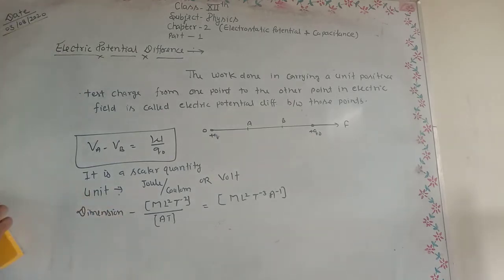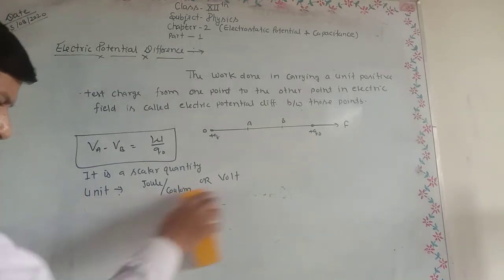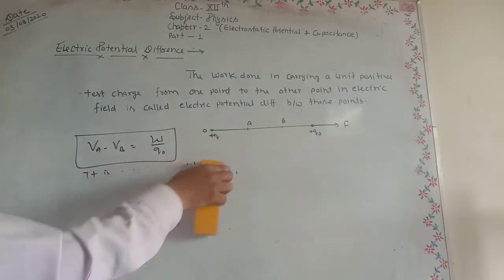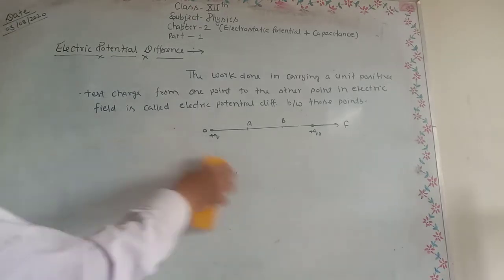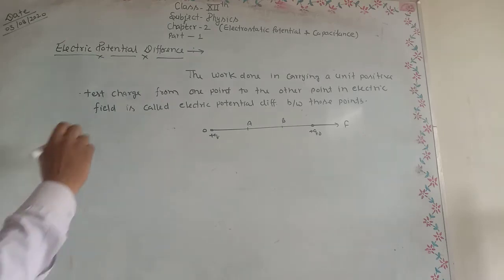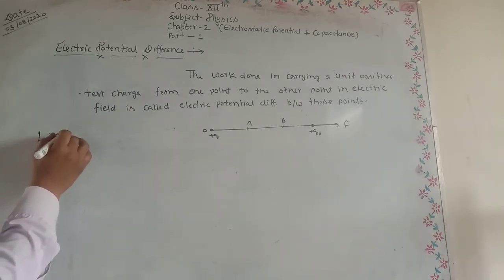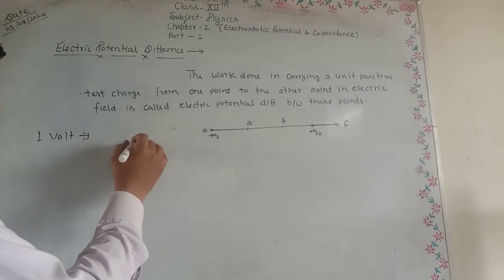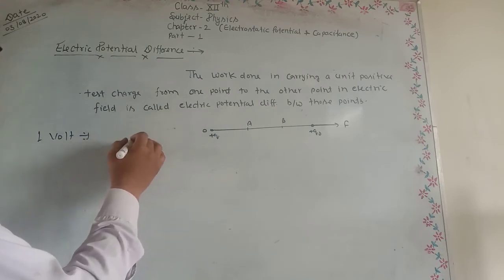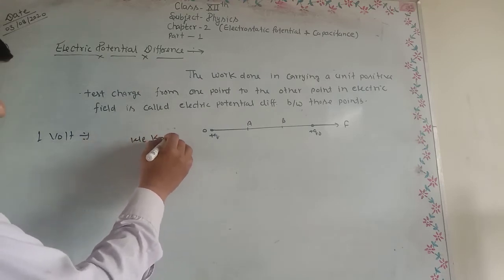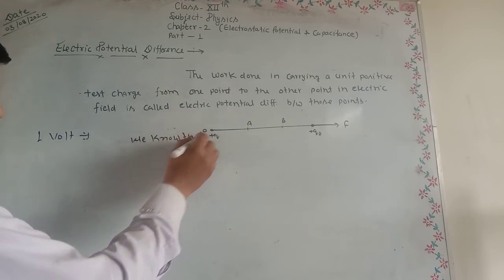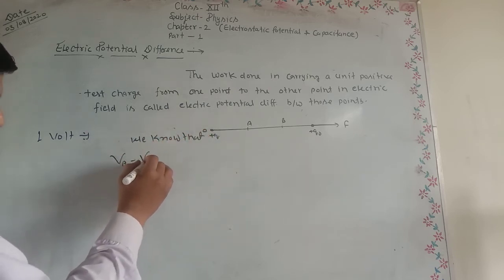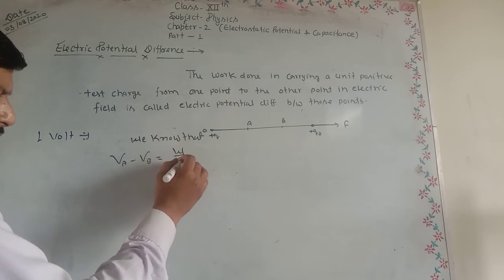Now define 1 volt. We know that VA minus VB is equal to W upon Q0.